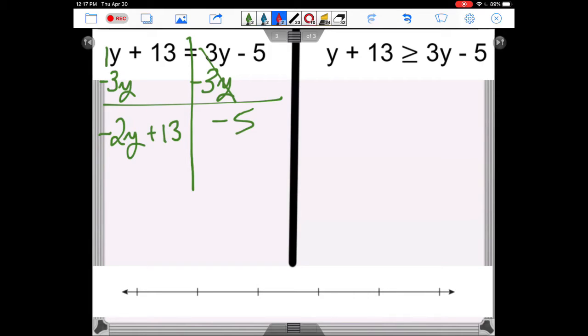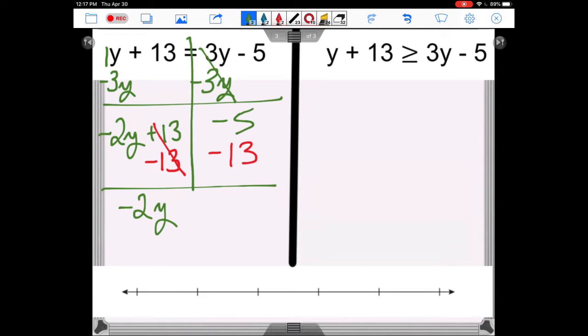But here's our two-step equation, if you will, that we've been solving. So now the inverse of positive 13 would be negative 13 from both of those sides. Positive 13 and negative 13 make 0. We're left with negative 2y, and a negative 5 and a negative 13 make negative 18.